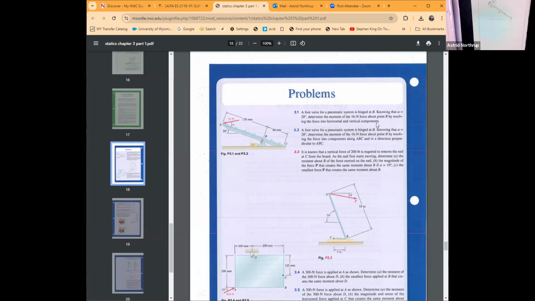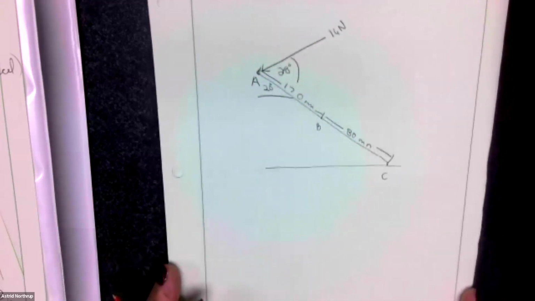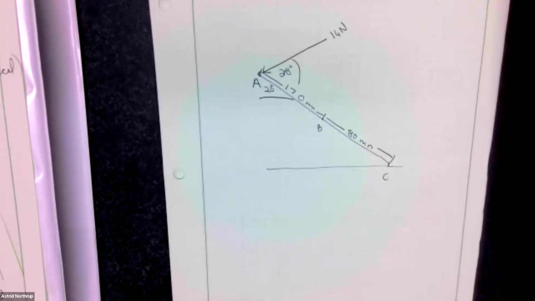Knowing that, find the moment of that 16 Newton force about point B by resolving it into horizontal and vertical components. All right, so here's the deal.